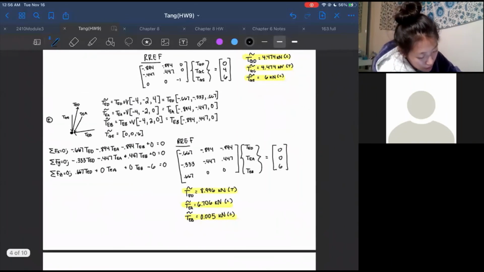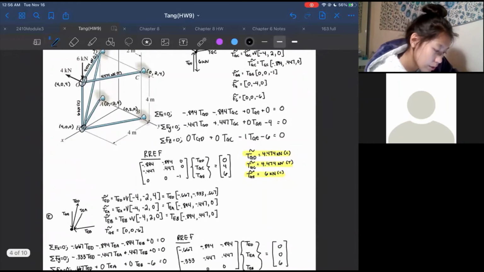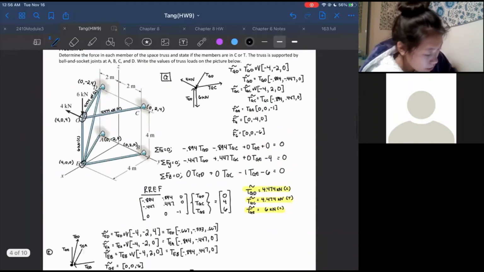Then we'll do TED there, and that was 8.996 in tension.